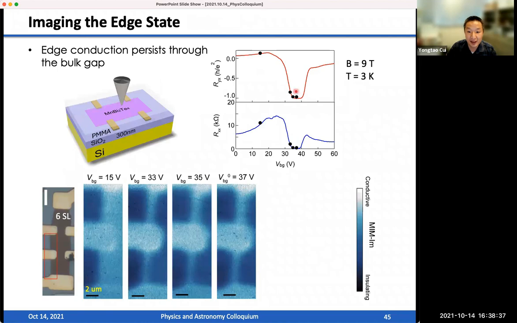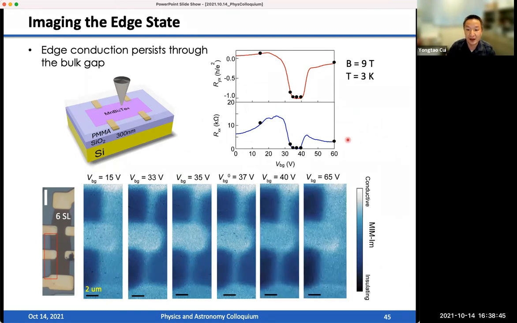And as you can see, when we tune it into the quantized states, we do see this nice edge conduction standing out. And if we further tune it into this highly doped region, then the system becomes conductive again everywhere. So that first confirms that we do see the edge conduction. This is, by the way, at 9 Tesla, so it's in the topologically non-trivial case.